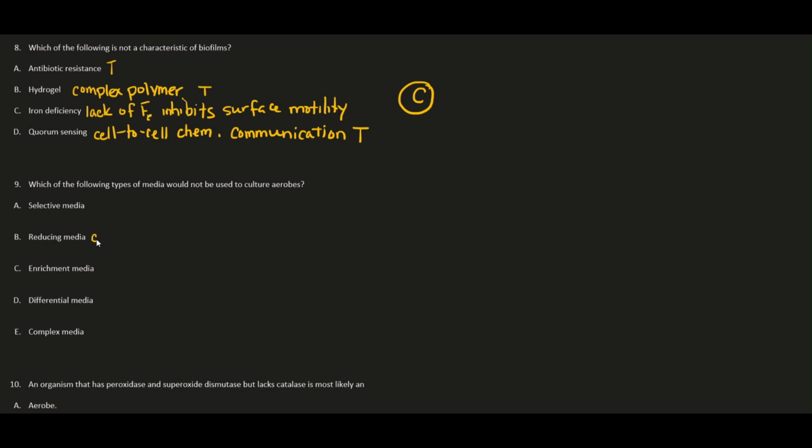It depletes oxygen in culture medium by using sodium thioglycolate with dissolved oxygen.